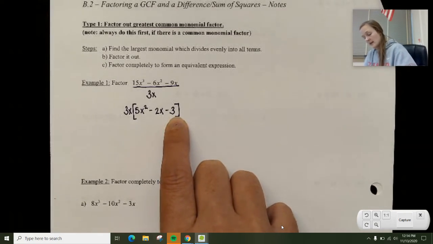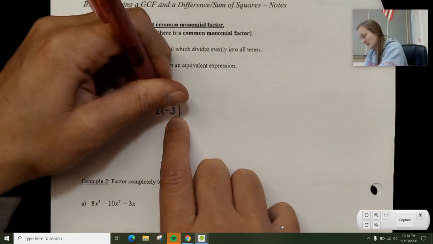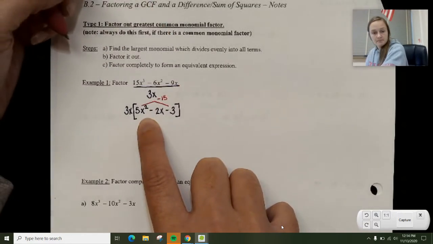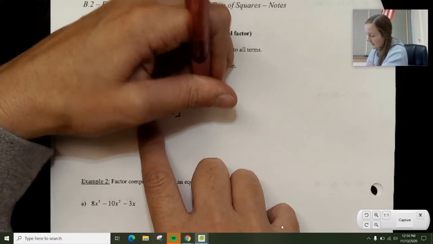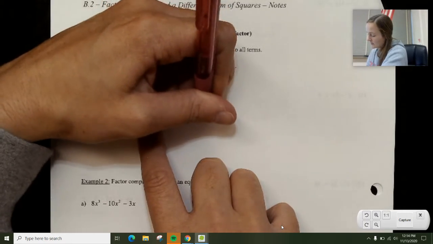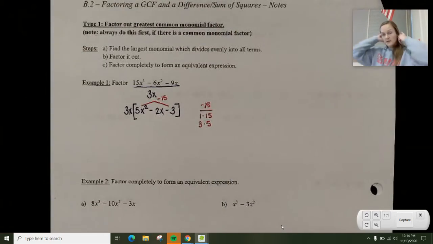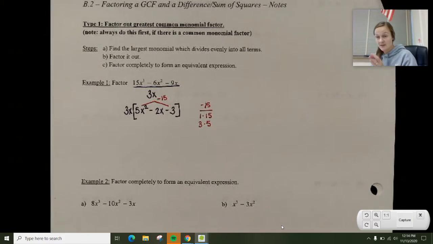So I'm going to do that in a different color here, 5x squared and negative 3. So that comes out to negative 15. So I write negative 15 off to the side, and that's equal to 1 times 15 or 3 times 5. Now notice here I'm multiplying to a negative number, so I need a positive and a negative.